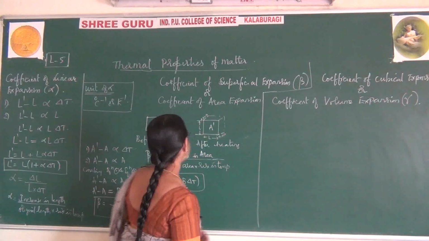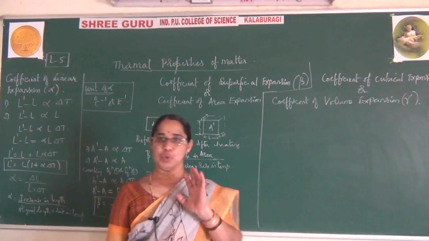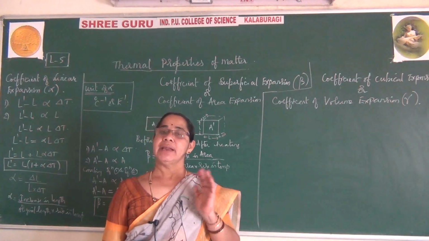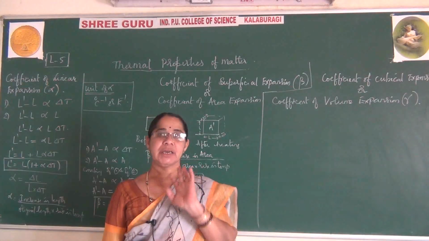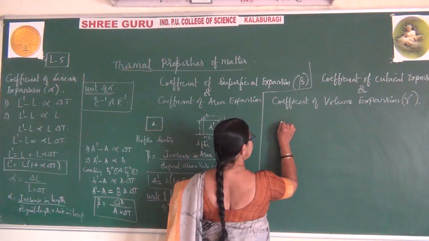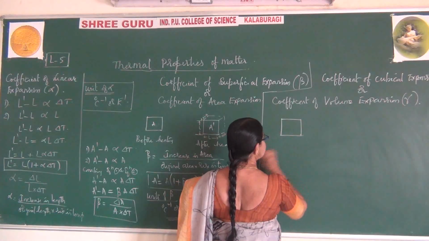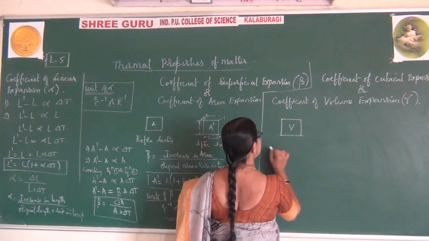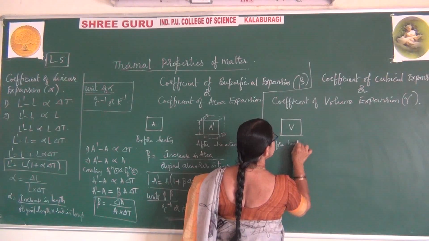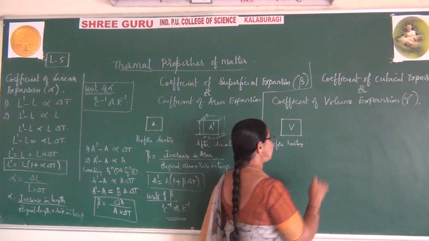Now observe here. Let me take one cube, and that cube will expand from all the sides: length, breadth and height. So let us take a metallic cube. This is the one with volume V originally, before heating. Now, after heating, what happens?